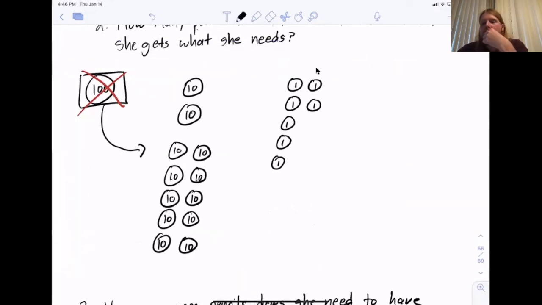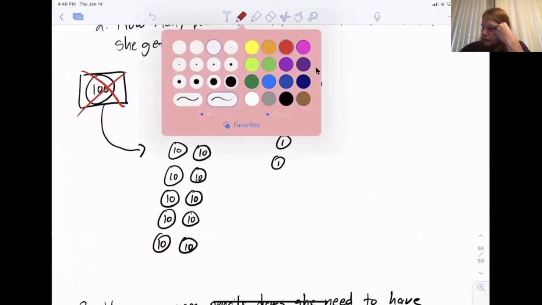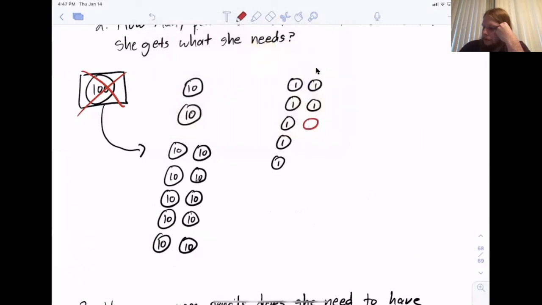Now, in order to make a complete 10, what can we do? Well, these are all complete 10s, so we don't have to worry about them, right? But these ones are not a complete 10. So why don't we create a different colored chip to show what we're missing?